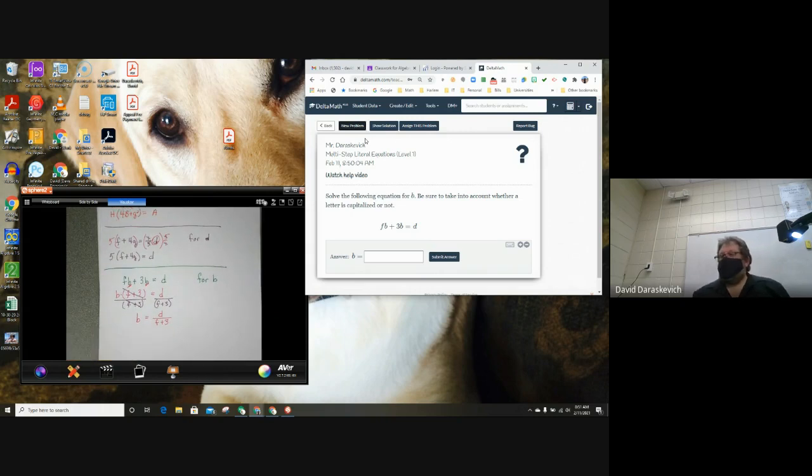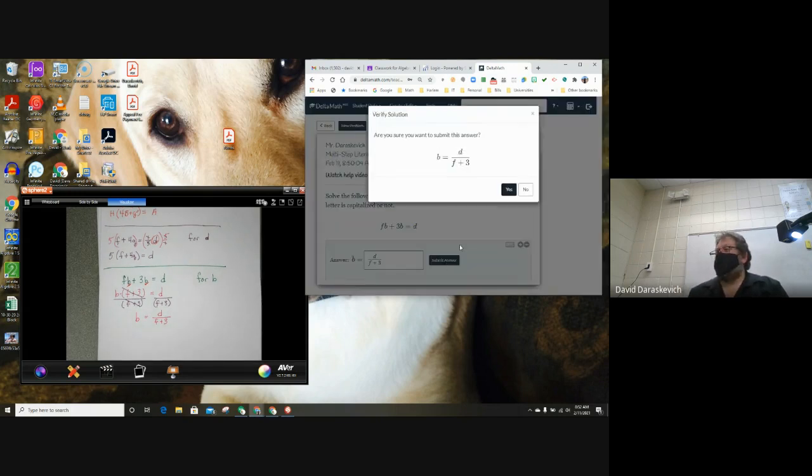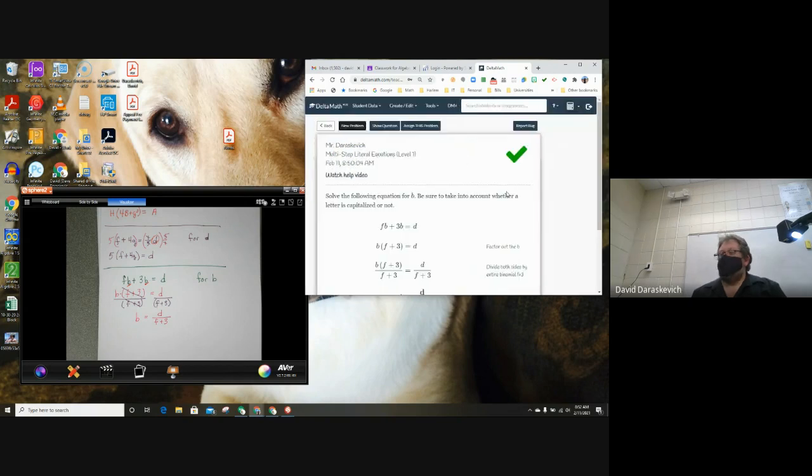So let's put that in for our answer in Delta Math. B equals D divided by F plus 3. Now they may want the parentheses here. I'm going to try it without parentheses. Submit my answer. And it took it without the parentheses.